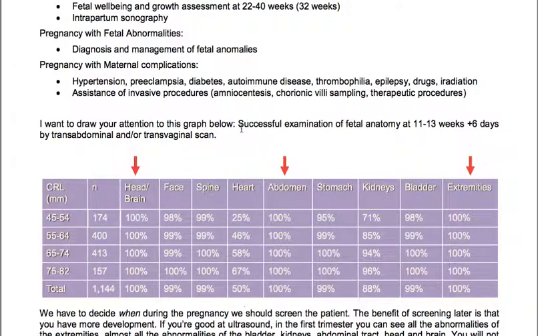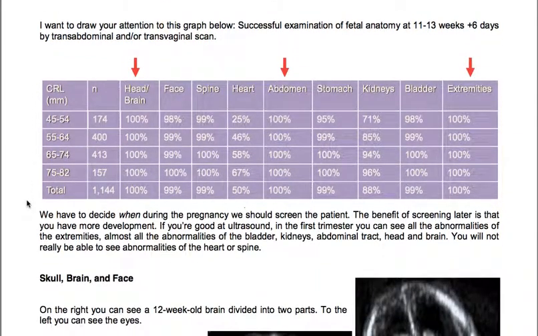So, successful examination of fetal anatomy at 11-13 weeks plus 6 days by transabdominal or transvaginal scan. We have to decide when during the pregnancy we should screen the patient. The benefit of screening later is that you have more development.